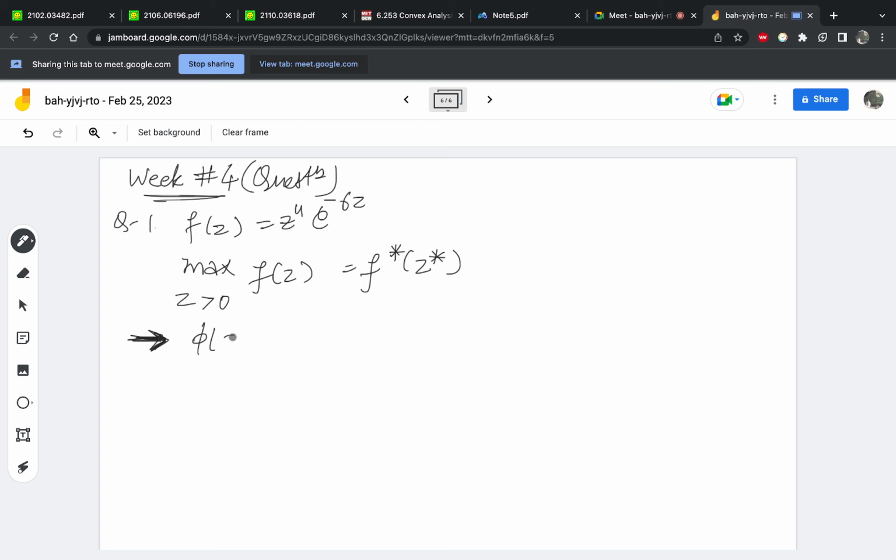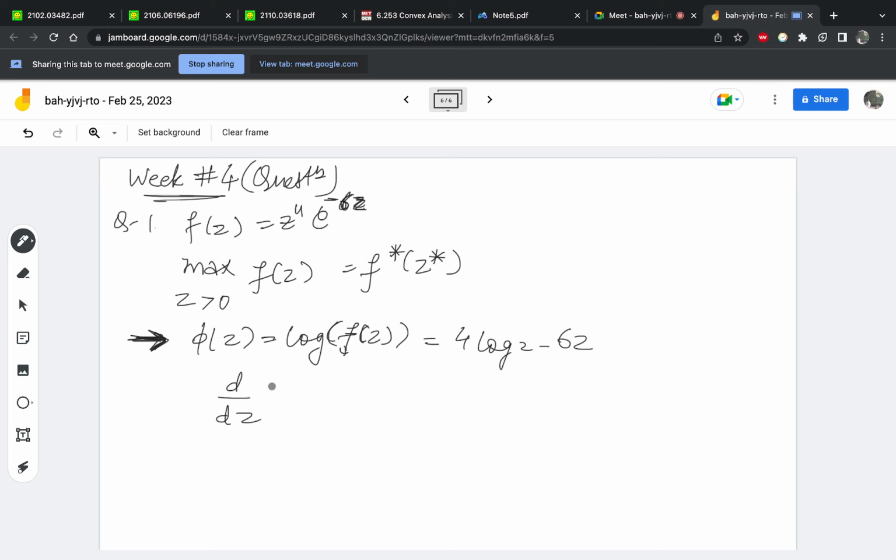So I'll take log of f of z. Not that it's going to give you a different answer, it just makes calculations a bit easier, and also provides an example that here it's a relatively straightforward expression, but oftentimes it would make a lot of sense to transform the problem to something else which is a bit easier to solve for. If I take log of this, it becomes very straightforward. Now it's just 4 log z minus 6z.